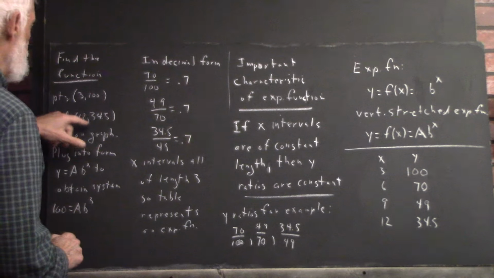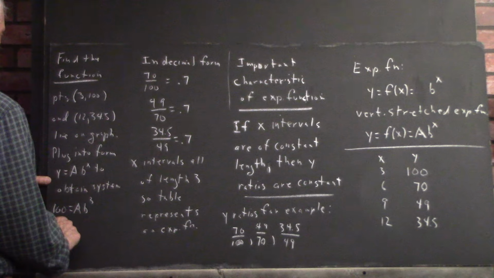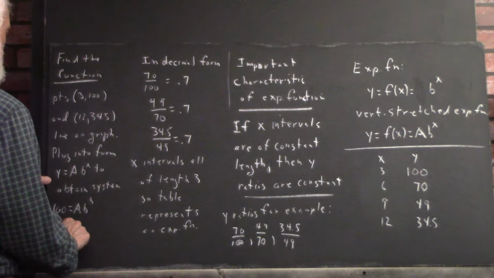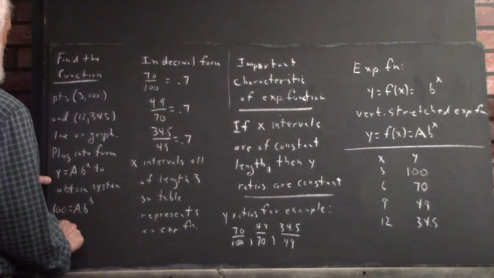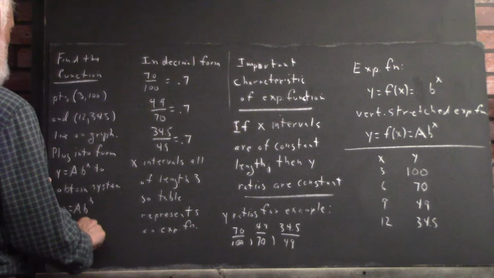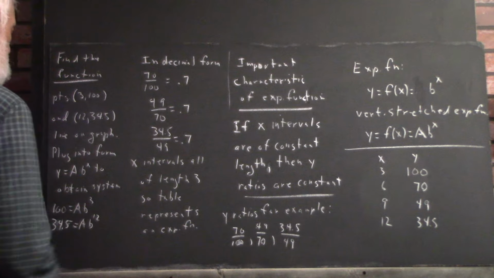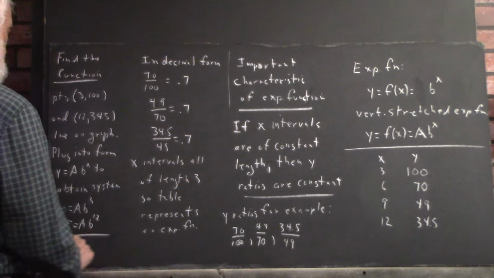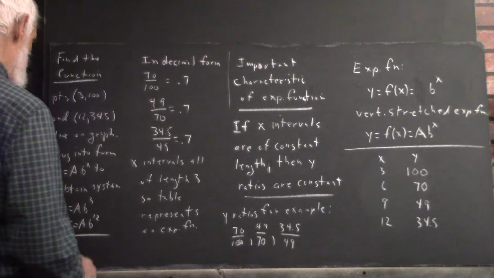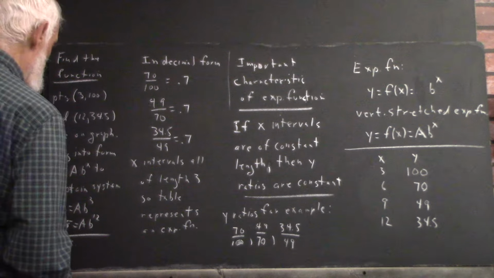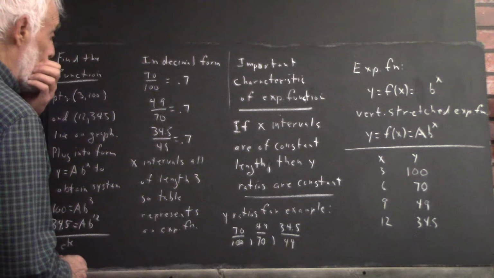And y equals 34.5 when x is 12. And it's y that's equal to 34.5 equals a b to the 12th, and so on. Okay, so we could get a and we could get b.